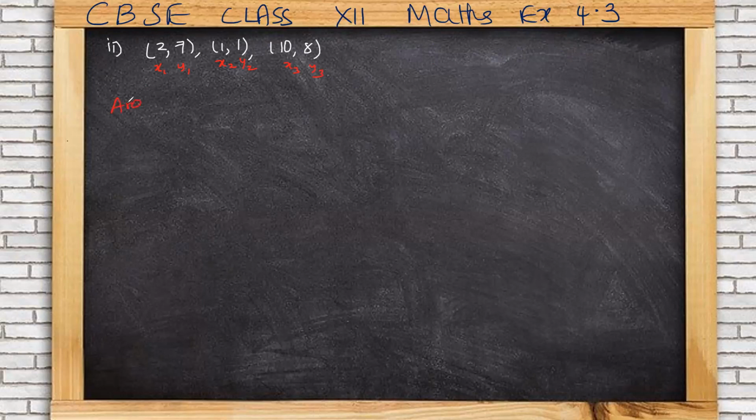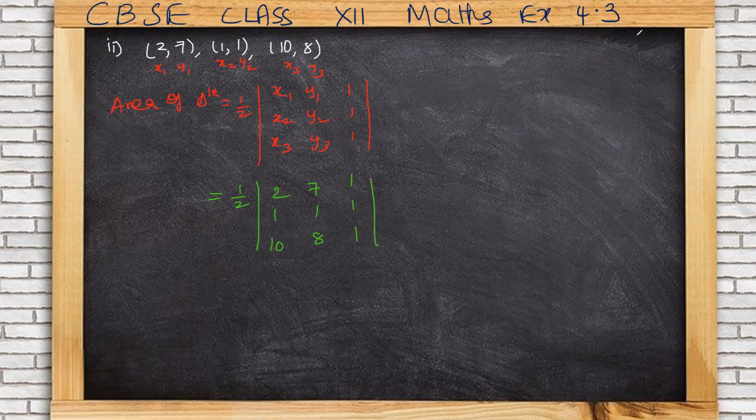So area of the triangle will be half into determinant of x1, y1, x2, y2, x3, y3, and the last column is 1. Let us make the entry. In place of x1, y1, it is 2, 7, x2, y2 is 1, 1, and x3, y3 is 10, 8. The last column is 1.